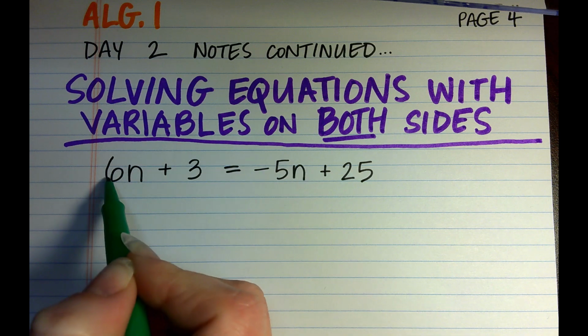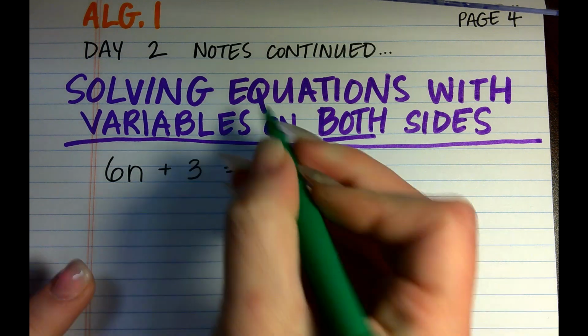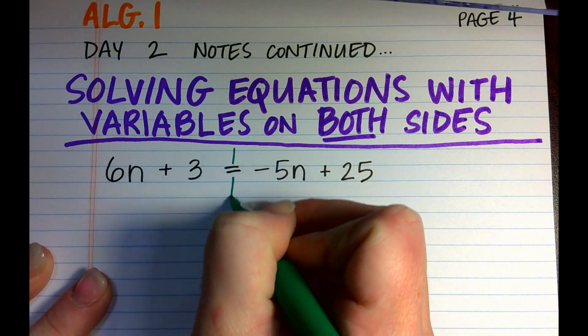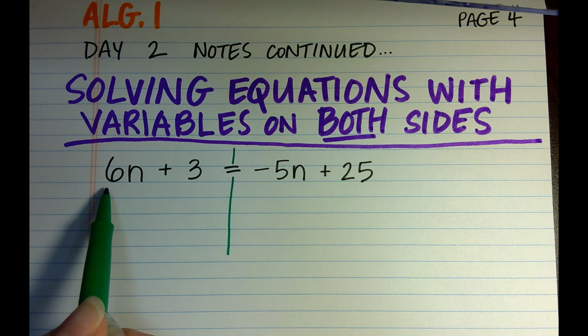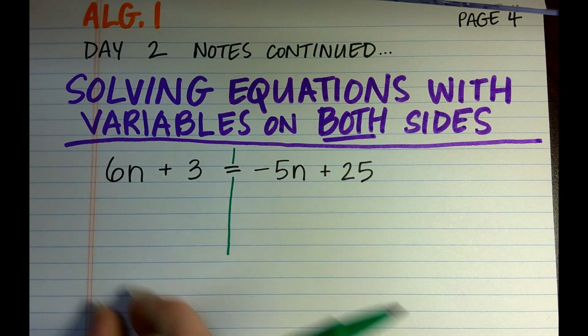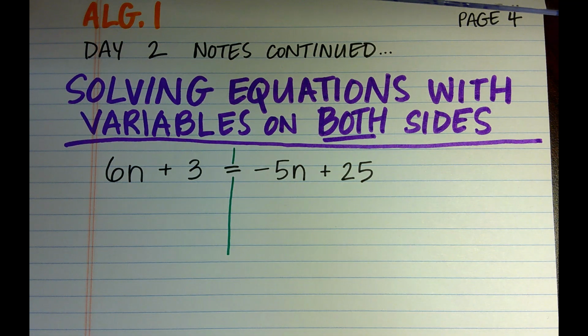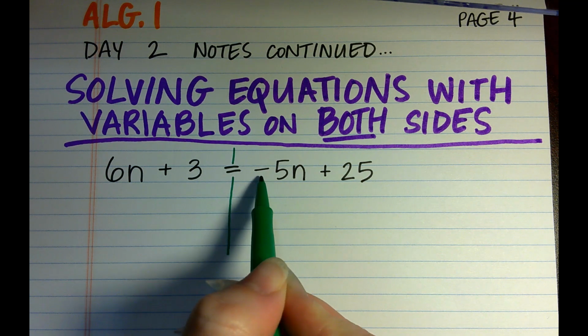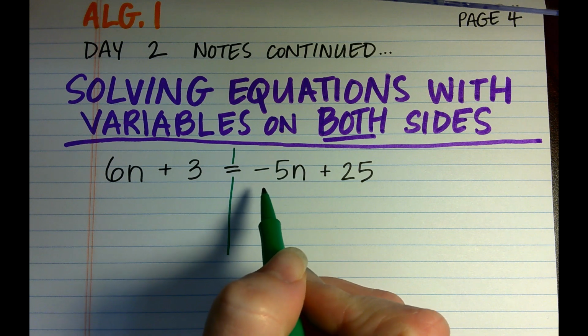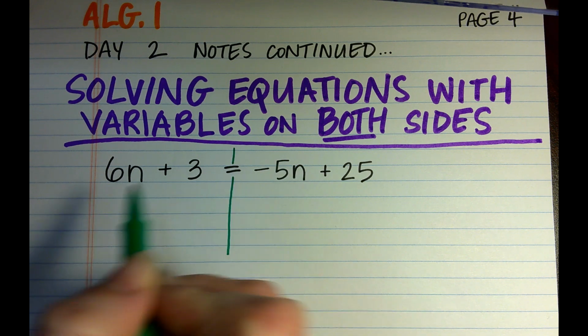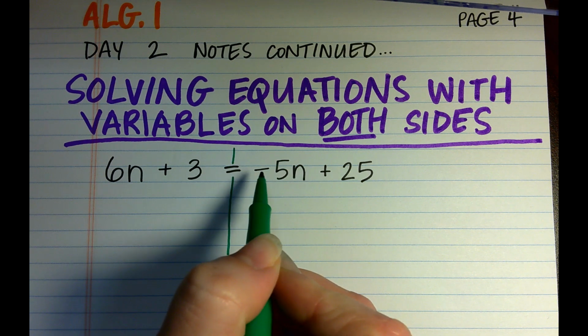Now we have variables on opposite sides of the equal sign. This equal sign is separating them. And anytime I move one term from one side of the equation to the other, for example, let's say I wanted to move negative 5n, would I do minus 5n again on both sides? Or would I do plus 5n?